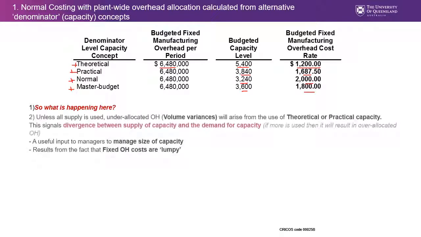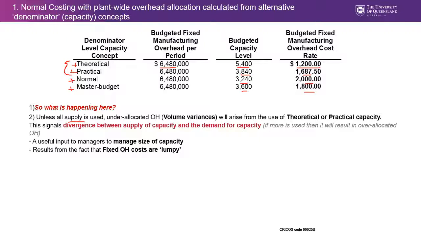So what's happening here? What we're seeing is that depending on what you choose as your capacity level, it's going to influence the budgeted fixed manufacturing overhead cost rate that you apply when you allocate your overhead. So unless all your supply is used in relation to the supply side, you're going to either under or over allocate your overhead.